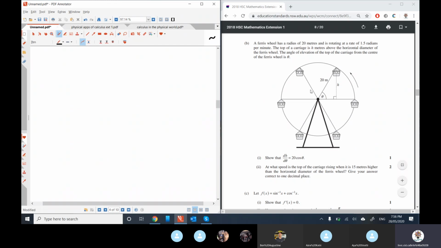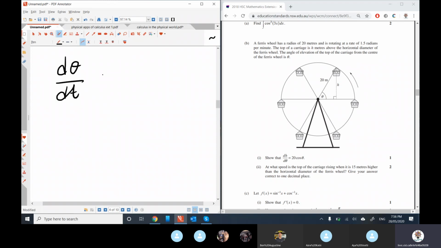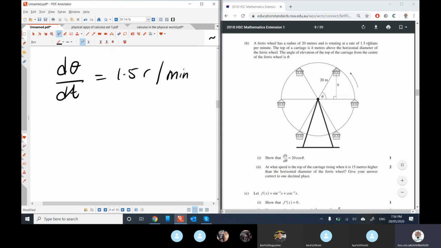So d theta on dt is equal to 1.5 radians per minute, just so you guys understand that. The top of a carriage is h meters above the horizontal diameter. The angle of elevation of the top from the center of the Ferris wheel is theta. Show that dh on d theta is equal to 20 cos theta.